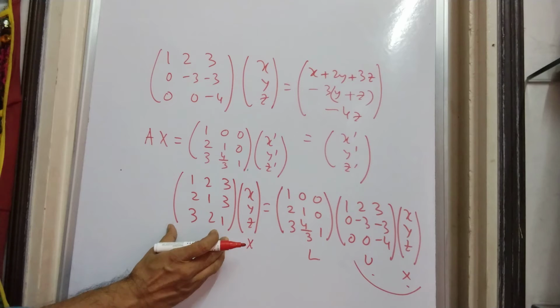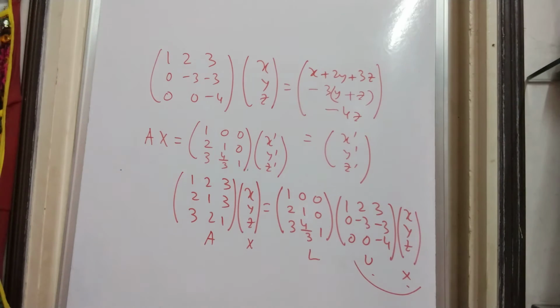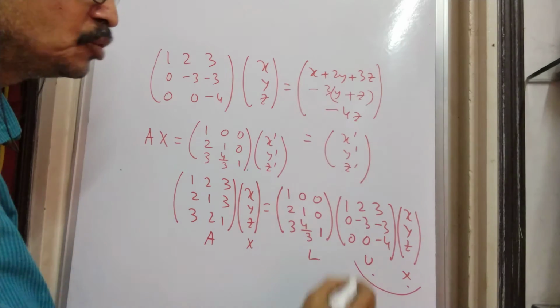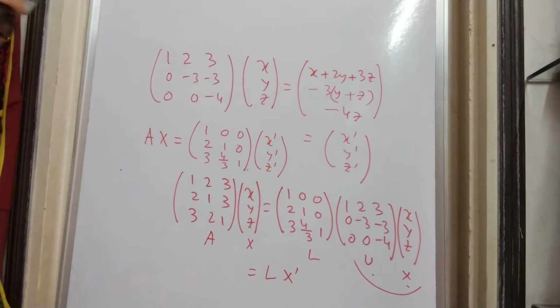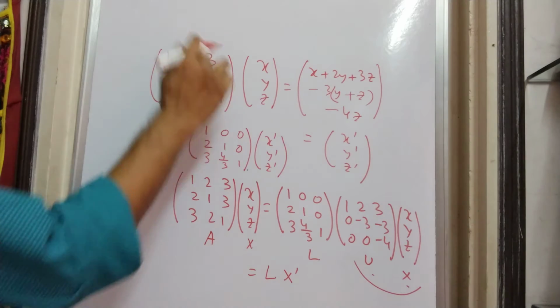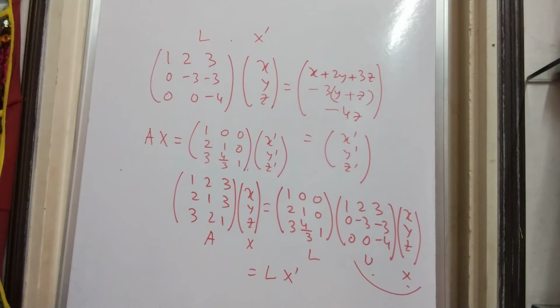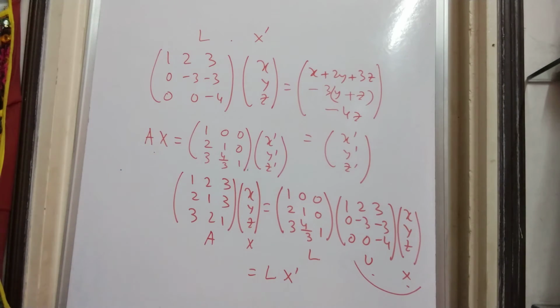We decomposed A into two parts, L and U. One is lower triangular and another is upper triangular, and then we represent this U into x as a new x prime. This is as Lx prime. So L into x prime is Ax. This is actually L and this is x prime. So Lx prime becomes Ax.